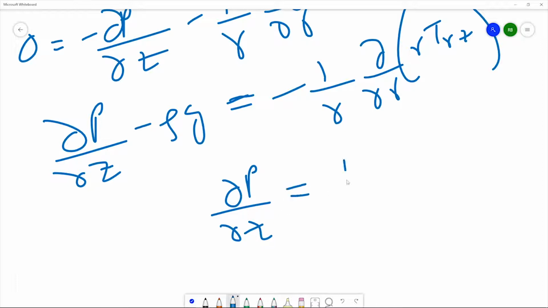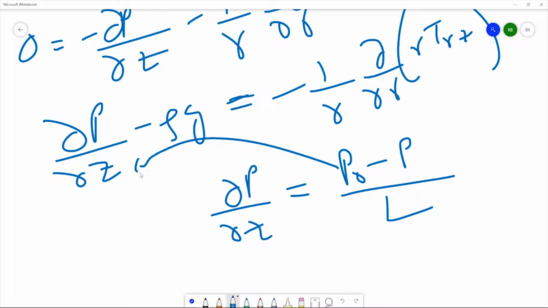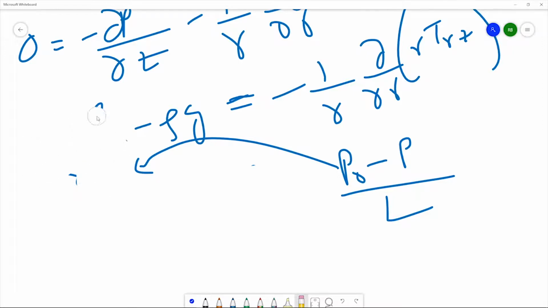This is nothing but the pressure at the top, p naught, minus p by l, the length of the pipe, right? So you can easily put it here. The gradient will be the same. So if you put it here, you will get p naught minus p by l, right?